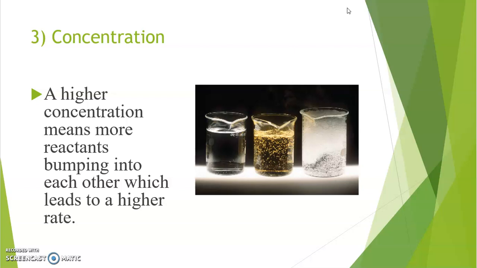Whenever they collide, bump into each other, the chemical reaction happens. So if you have more reactants, you will have a higher rate of a chemical reaction. So concentration is our third factor. If we increase the concentration, the rate would increase.